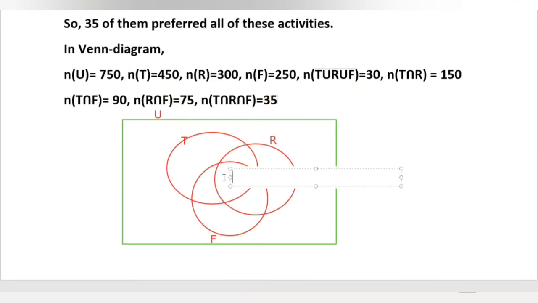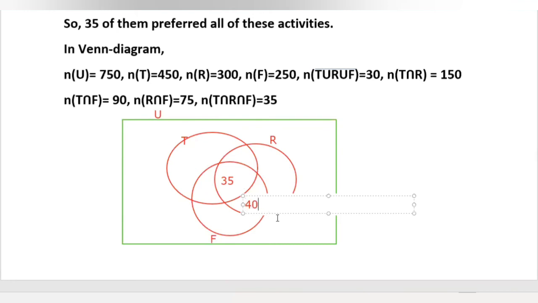First of all, here 35, okay. After this, n of R intersection F is 75 here. So how much do we need to make 75? 40, okay, 40 plus 35 is 75.